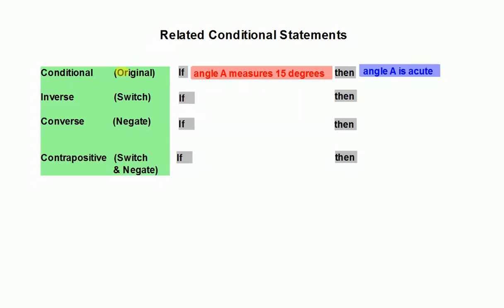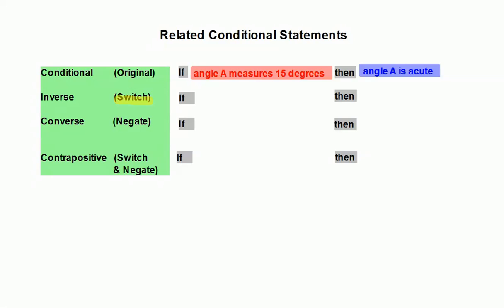The original statement says, if angle A measures 15 degrees, then angle A is acute. Okay, so that's my original statement. Now we're going to do the inverse of that. The inverse is known as the switch. You're going to switch the hypothesis and conclusion.